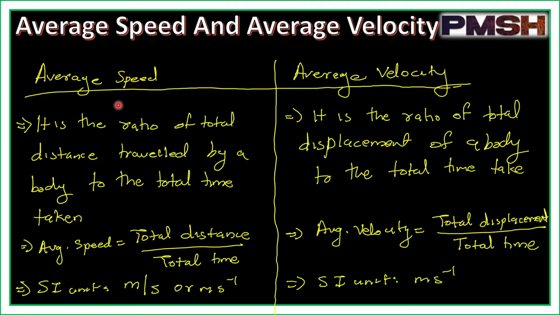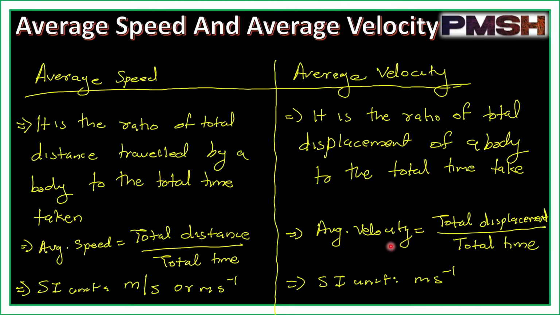So when we give the definition for average speed, we say it is the ratio of total distance, because distance is scalar. But when we come to the concept of average velocity, velocity is a vector quantity, so we have to connect it with a vector quantity, that is, displacement. We can say it is the ratio of the total displacement of a body to the total time taken.